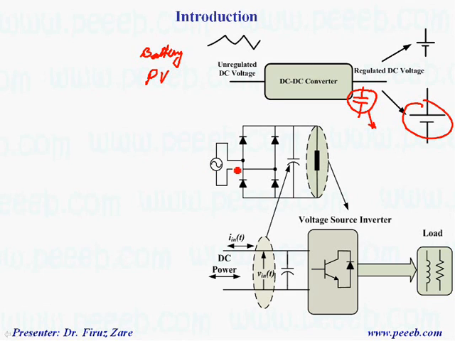And if we have a rectifier, for example here, if you look at a single phase rectifier, to improve the output voltage, to reduce the ripple, we may need to have a capacitor. So that's why this capacitor is a voltage source for the inverter and is a filter for either rectifier or DC-DC converter. So when we define a capacitor, that means we have a voltage source here, which can be a PV, battery, or grid voltage through this diode rectifier.